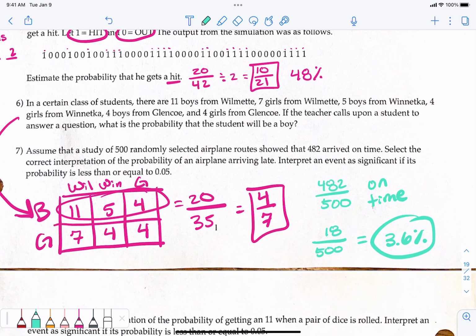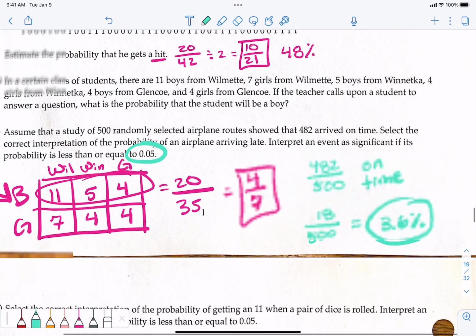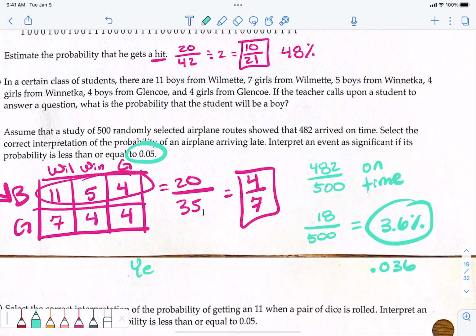Interpret an event as significant if its probability is less than or equal to 0.05. Now this is a percent, so this would be 0.036, which is in fact less than 0.05. So yes, it is significantly rare for an airplane to arrive late.